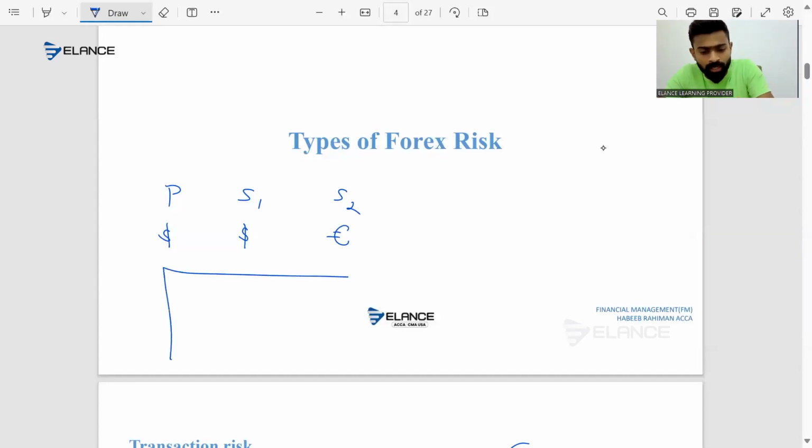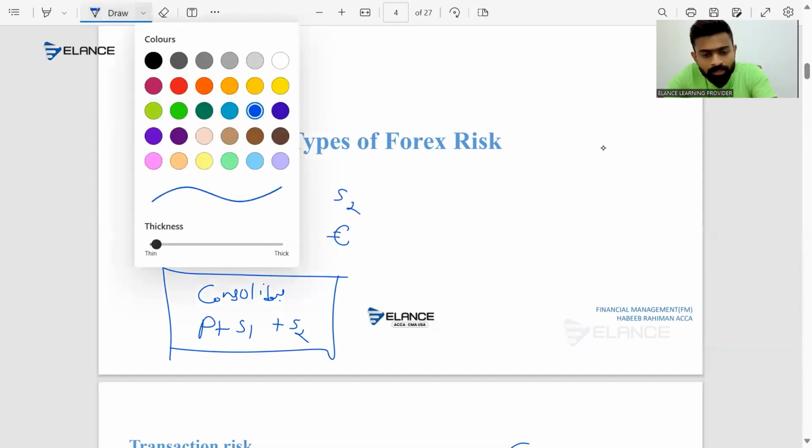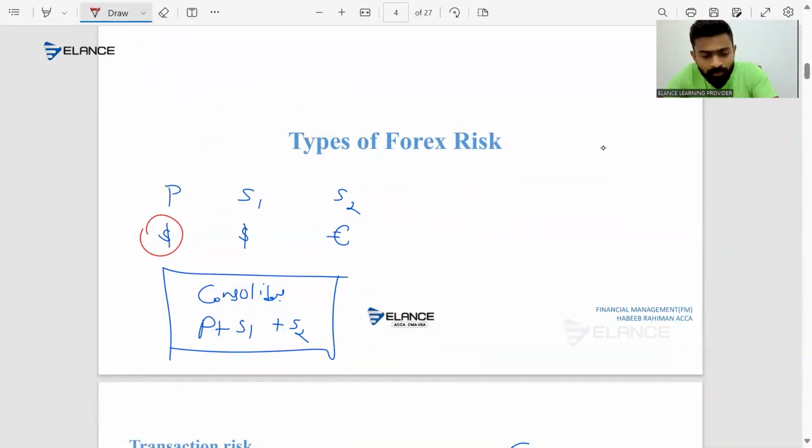On the consolidated FS, the figures will be parent plus subsidiary 1 plus subsidiary 2. Parent plus subsidiary 1 can be added very easily, since they are in the same currency.